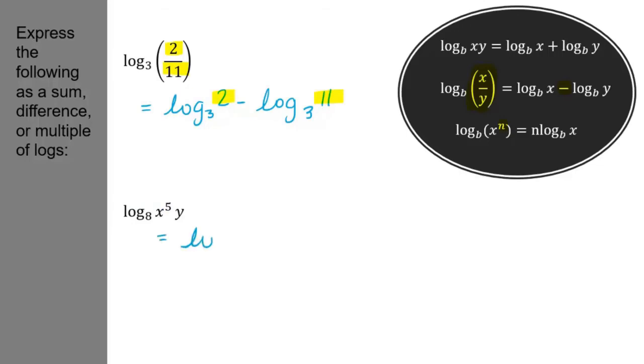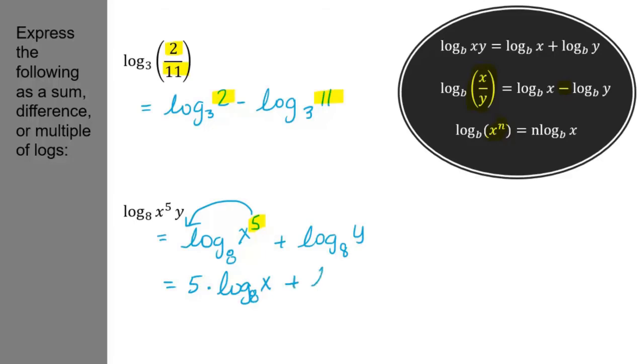So I'll write this as the logarithm of x to the power of 5 to the base 8 plus the logarithm of y to the base 8. Next, I'll apply the property for powers and pick up that 5 and move it out front. So we get 5 times the logarithm of x to the base 8 plus the logarithm of y to the base 8.